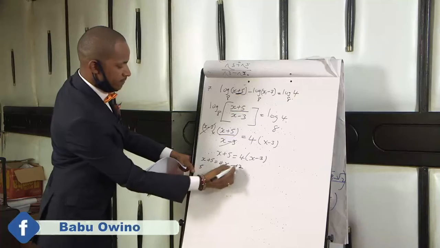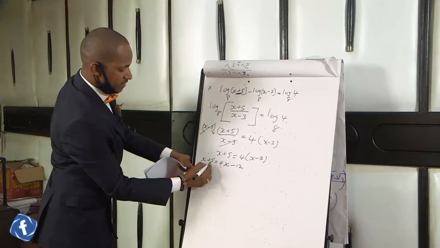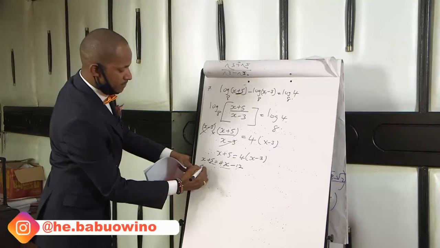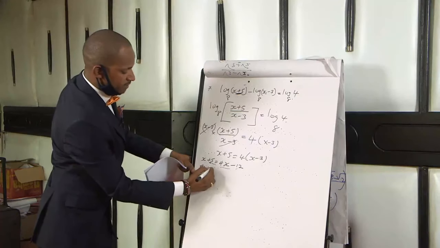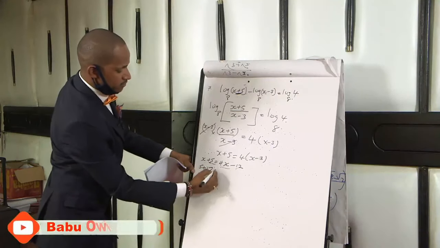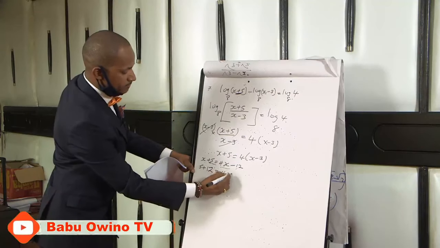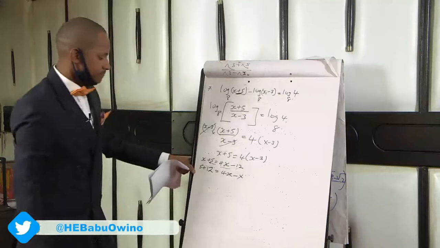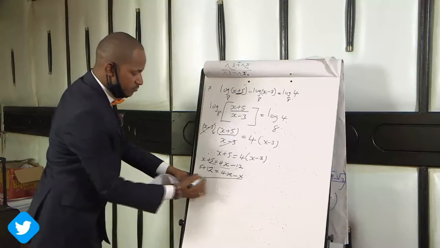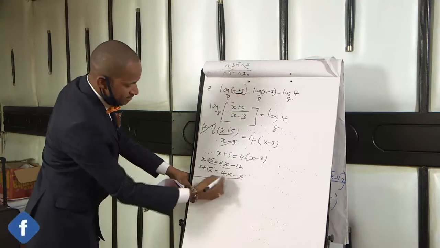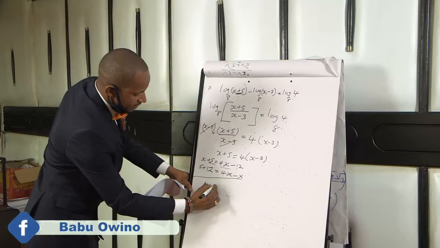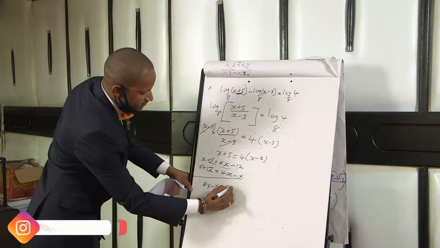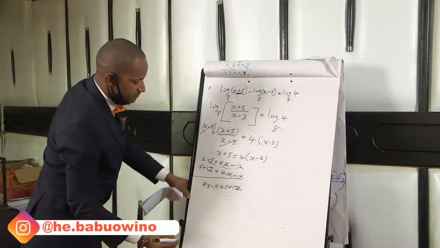5 is on this side, so you want to bring 12 on this side, minus 12 becomes plus 12, equals 4x. Then bring x on the other side, it becomes minus x. Therefore, this equation can be rewritten as 4x minus x equals 5 plus 12.